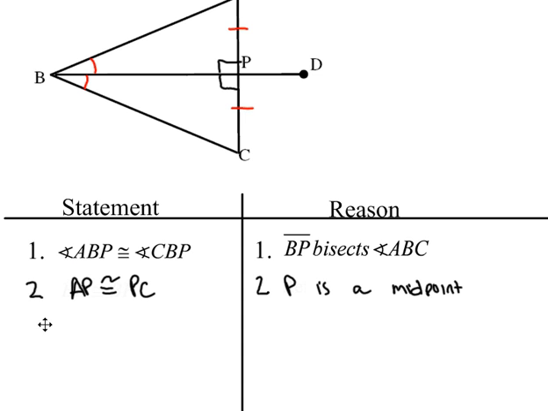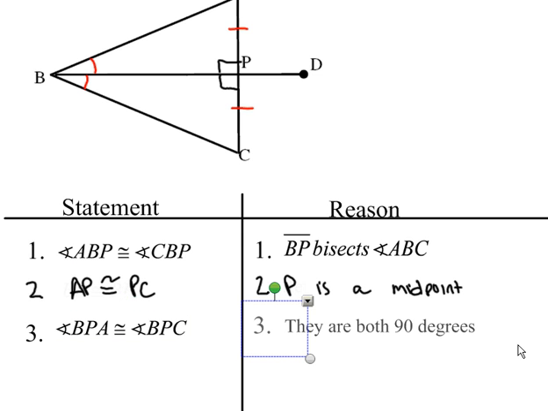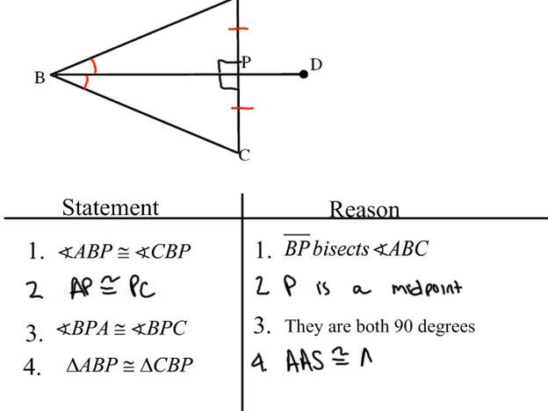And then we could also say that angle BPA is congruent to angle BPC, and that's because they are both 90 degrees. Now finally we could say that triangle ABP is congruent to triangle CBP, and that's because of the angle side angle postulate.